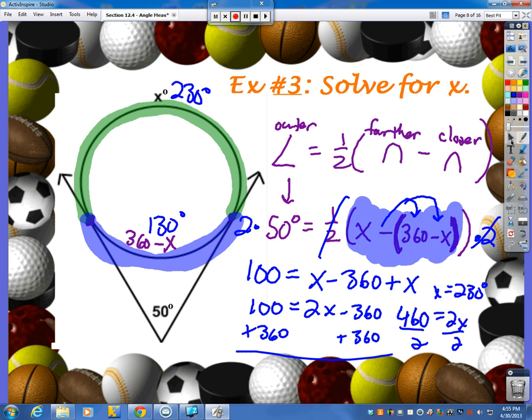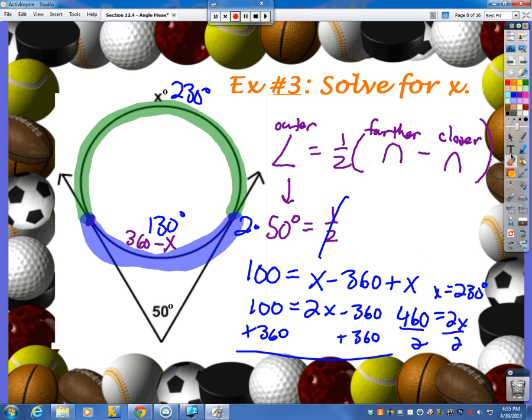Now, one thing that could happen, let me jump back to this part here. You might ask, well, what if I don't put parentheses around the 360 minus x? What could go so wrong, Mr. G? Well, I'll show you. If you don't put parentheses here, you've got x, and then you see minus x, and you go, hey, those cancel out.